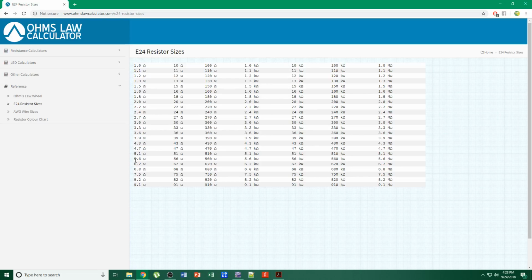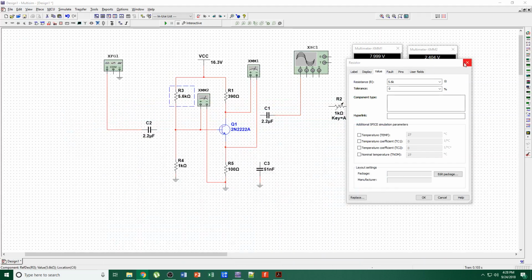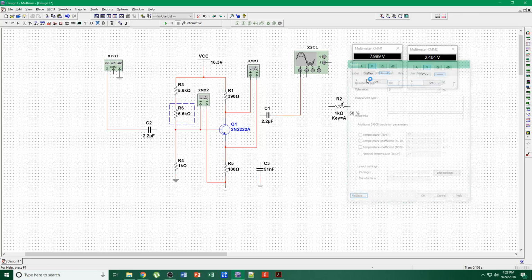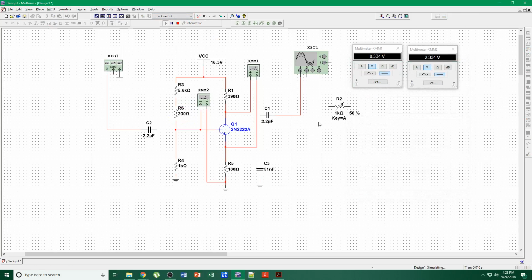So 5.6 plus 200, which does exist. So let's do 5.6. Add another resistor. Make this 200 ohms. Let's see what we get. 8.3 at 2.3. This voltage is a little high, but it's closest as I'll get. I mean, I could consider this, but let's just see what we got as values over here.